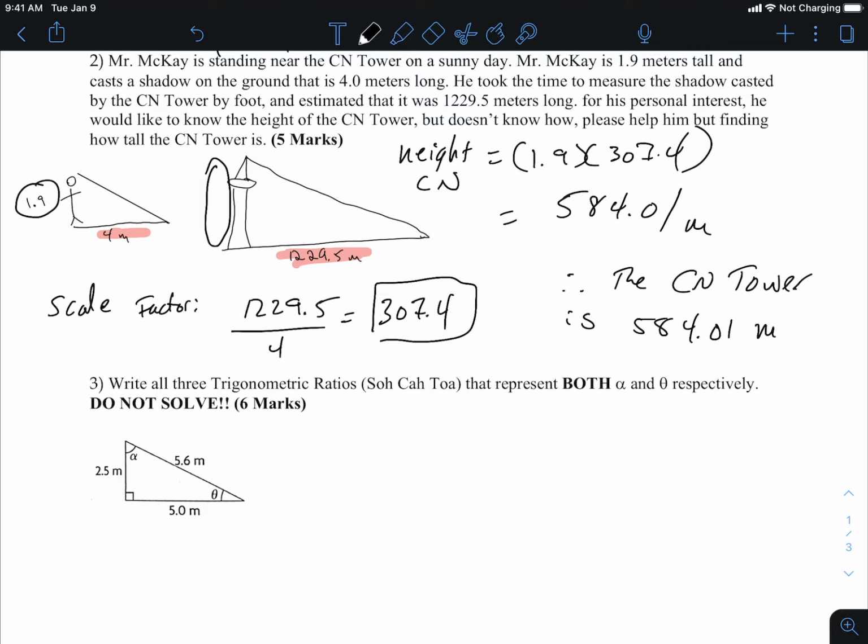Cosine law is the last thing we did. You use it as a last resort. If you see a 90 degree angle in the triangle, use SOHCAHTOA. Don't use sine law. Certainly don't use cosine law. It's SOHCAHTOA or Pythagorean theorem.